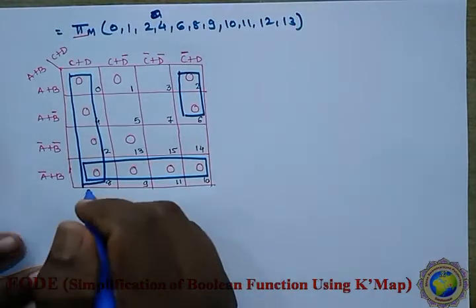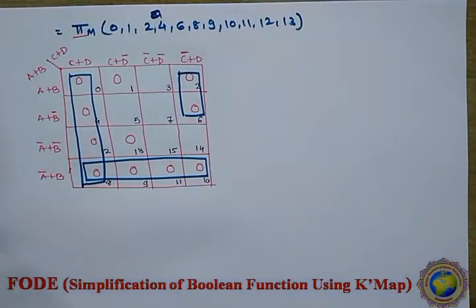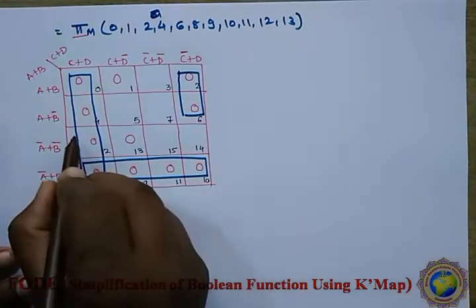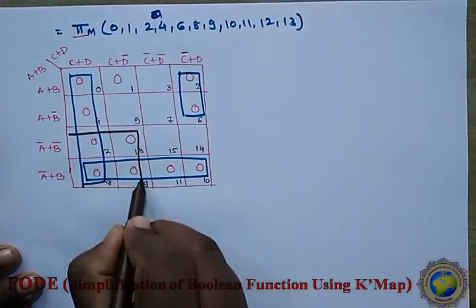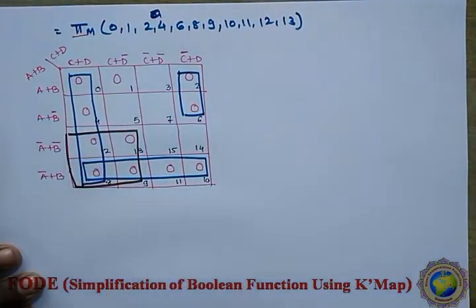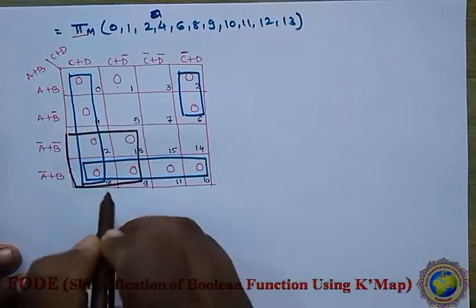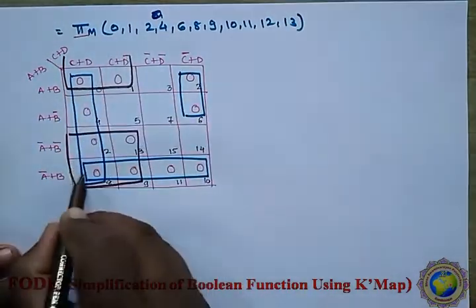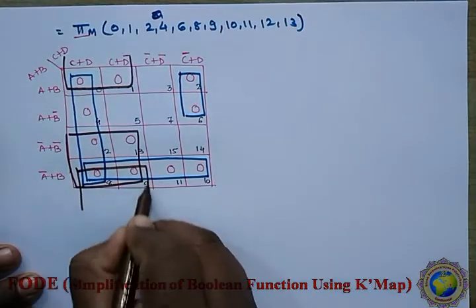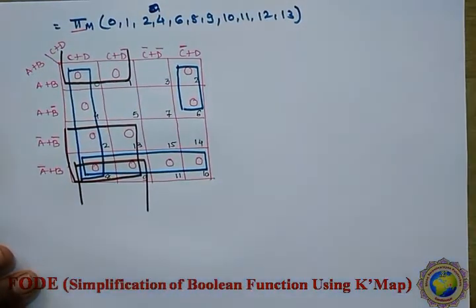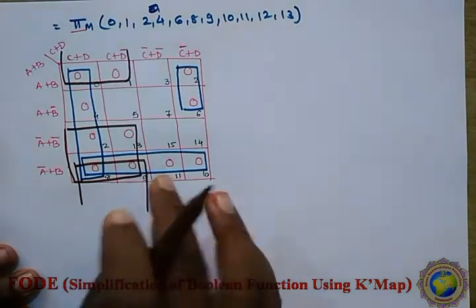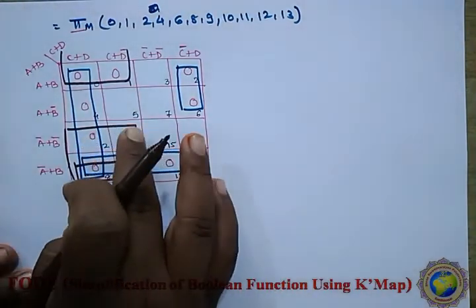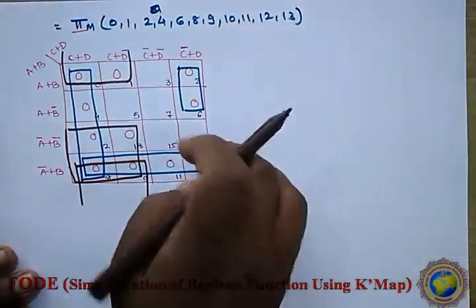Okay, then this 4. Okay, this is remaining, so it is also 4. So how many quads are there? There are 1, 2, 3 and 4 quads and 1 pair is possible.